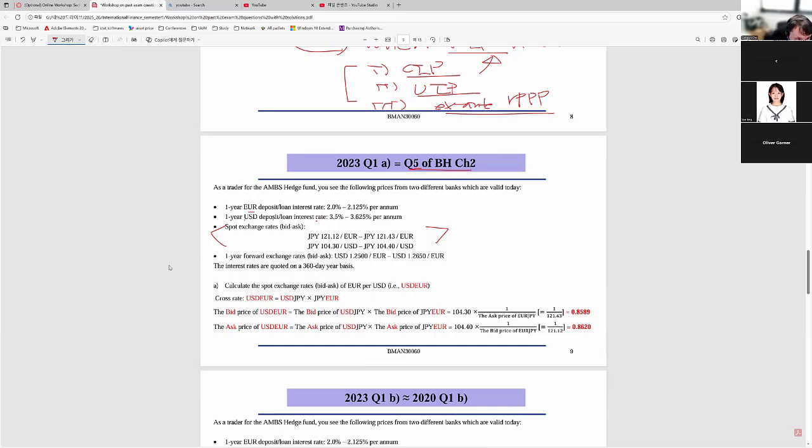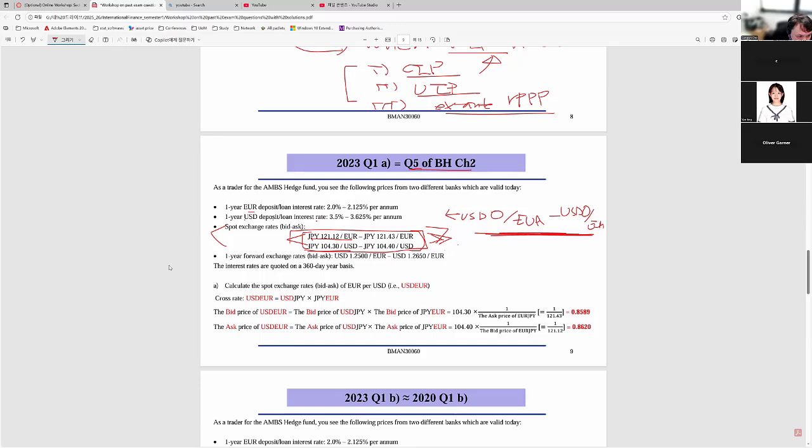So we have EUR JPY, USD JPY, bid and ask rates. Previously, it would be easier if we had USD something EUR in the question. Then this question would be almost the same as the 2020 question 1. But instead of that, we have these two. So I'm trying to ask you whether you are able to compute this one based on these two.